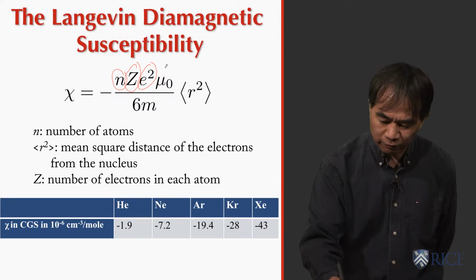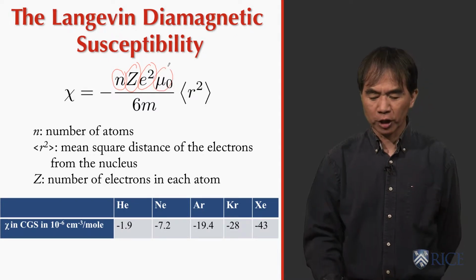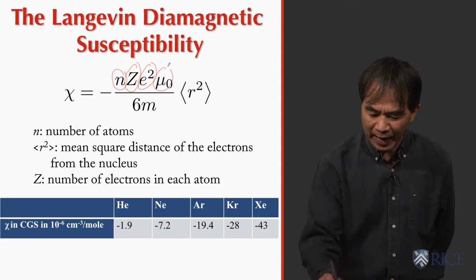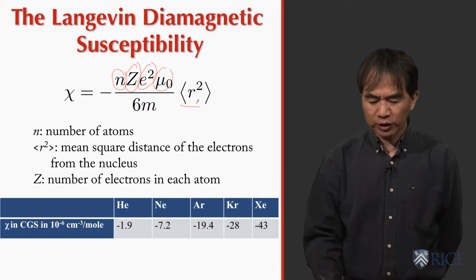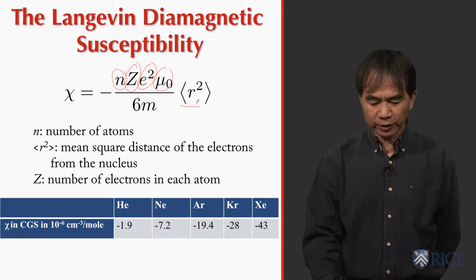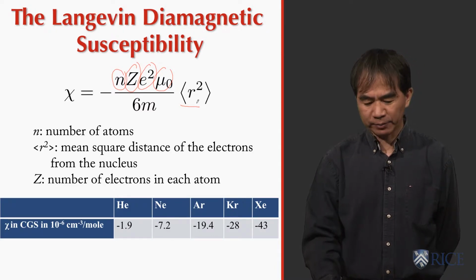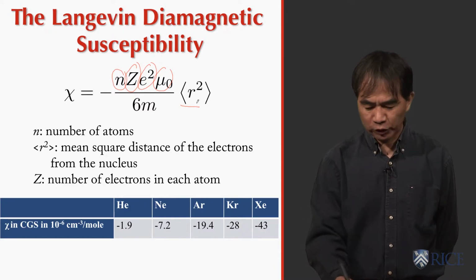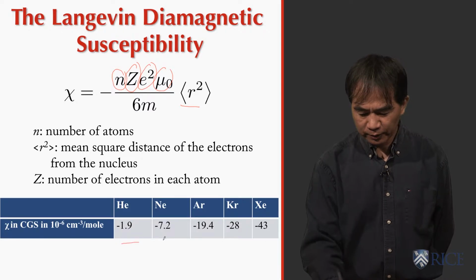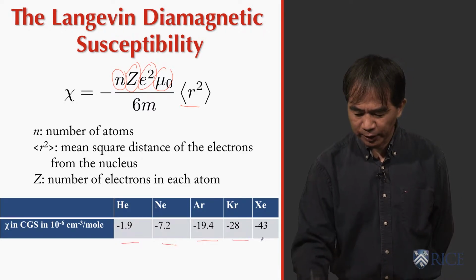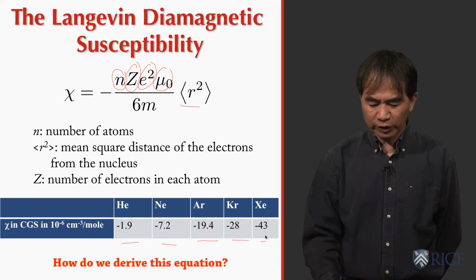Then you have mu naught, which is a constant, and the average mean square distance of the electron from the nucleus. For different materials, these are the diamagnetic susceptibilities. How we actually derive this will be discussed in the light bulb session.